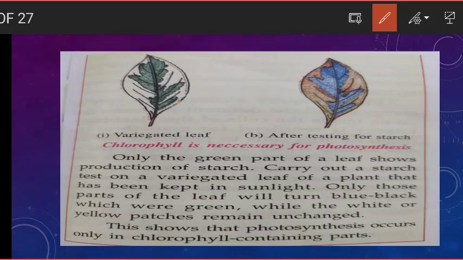Carry out a starch test on a variegated leaf of a plant that has been kept in the sunlight. Only those parts will turn blue-black which were green, while the white or yellow patches remain unchanged. This shows that photosynthesis occurs only in chlorophyll-containing parts.